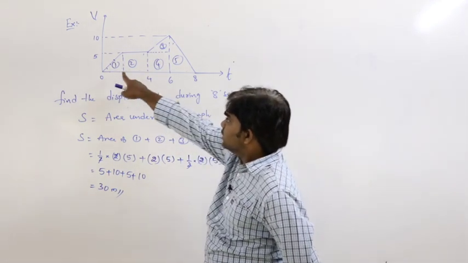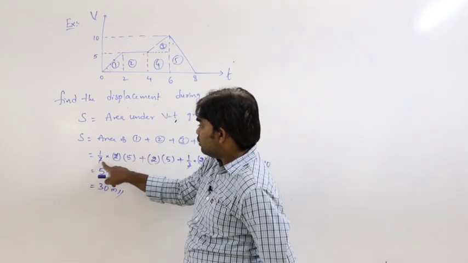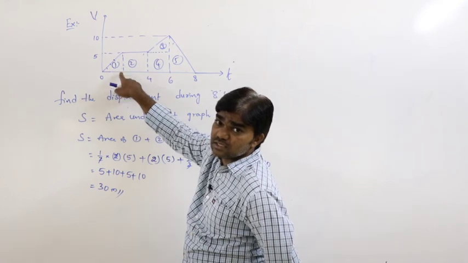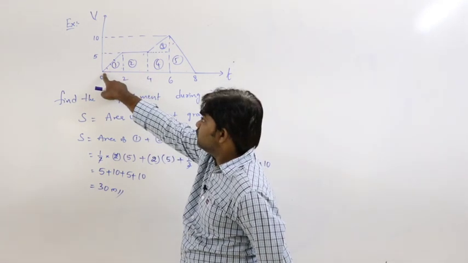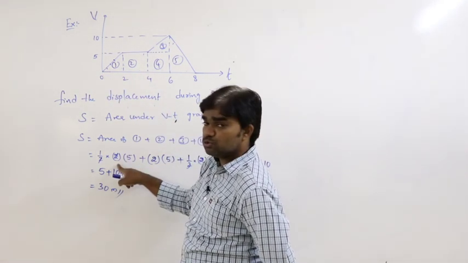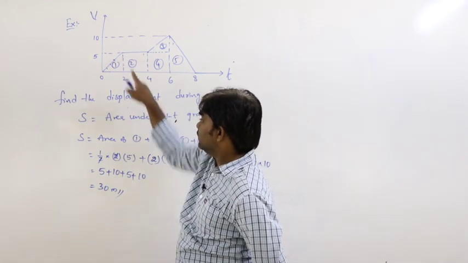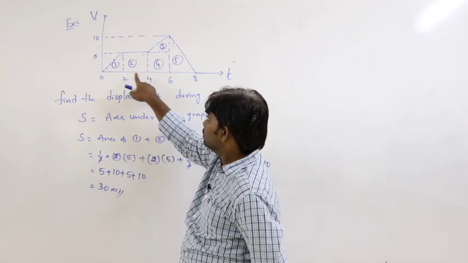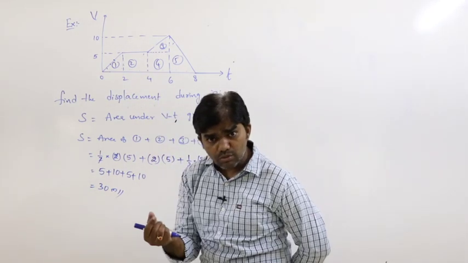Here the first shape is a triangle, half into base into height. From what position to what position the base exists, that we have to consider. Here it exists from 0 to 2, that's why the base is 2. Height is from 0 to 5. Next, this base exists from 2 to 4. 2 to 4 means how much? 2 only.